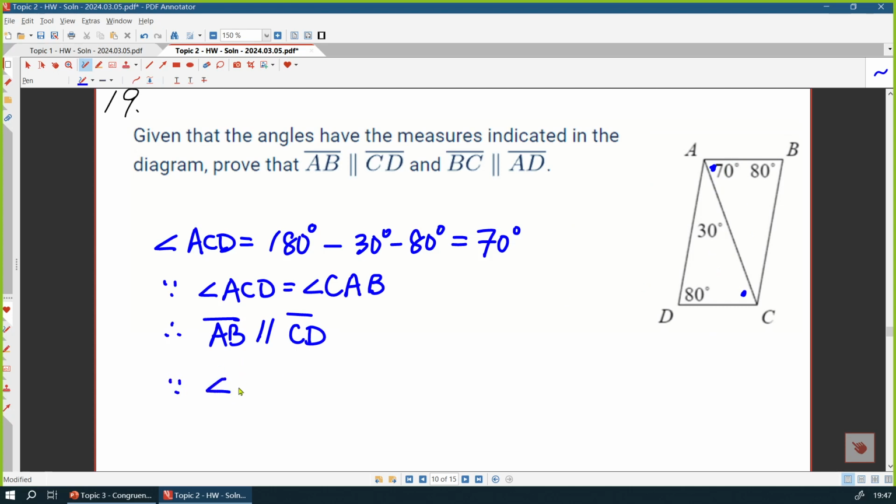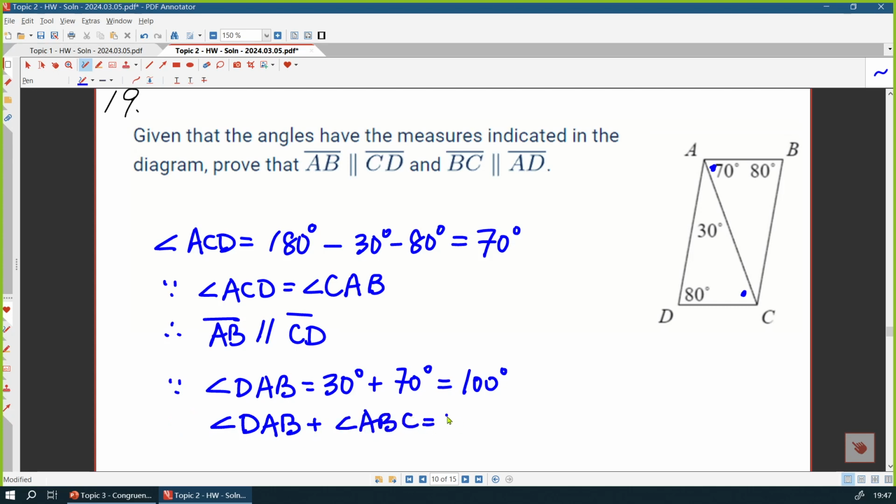Because angle DAB equals 30 degrees plus 70 degrees, which is 100 degrees, and angle DAB plus angle ABC equals 180 degrees, right? We can have BC is parallel with line AD because same side interior angles adding up to 180 degrees indicates parallel lines, right?